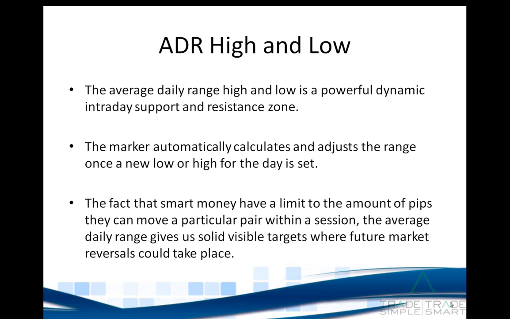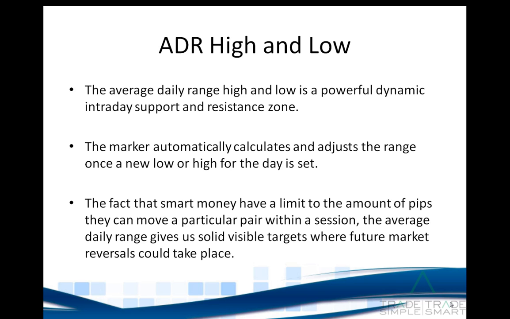In terms of practical use and highlighting areas of possible support and resistance, we've programmed this into a horizontal marker, and by doing so, this will give you highly visible areas where market reversals can take place.